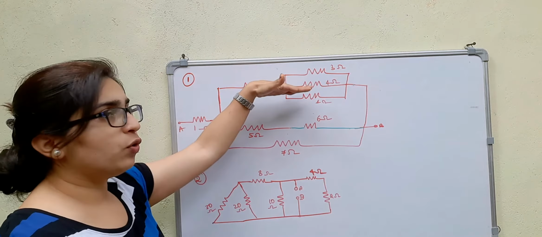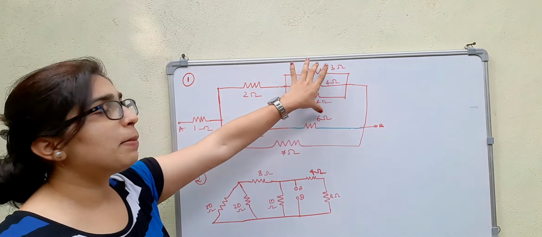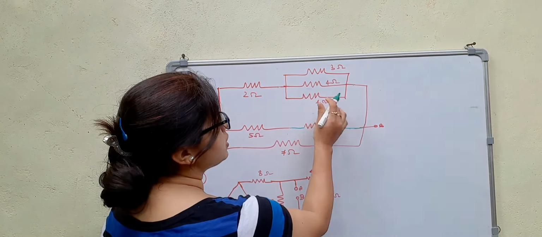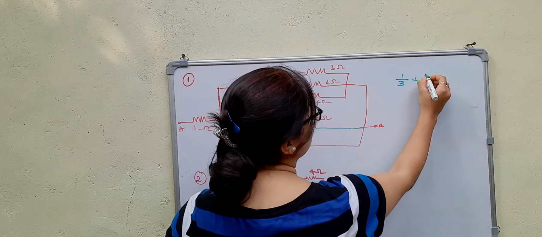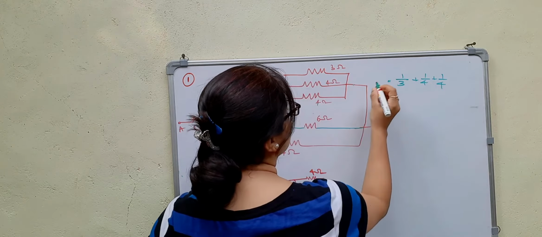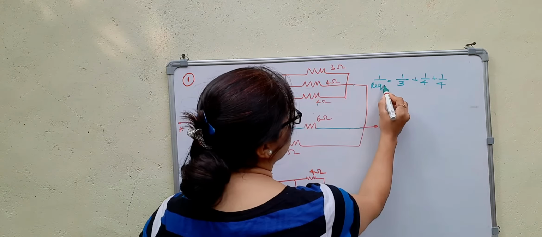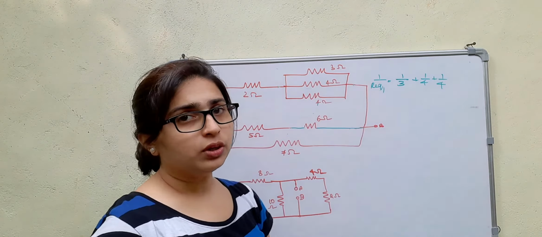Now the current is flowing here, so once again it starts to divide. Again, this is the parallel combination. So let us find the equivalent resistance of this particular part. That will be equal to 1 by 3 plus 1 by 4 plus 1 by 4, that is equal to, let me consider this as 1 by R equivalent 1. Here the LCM will be equal to 12.